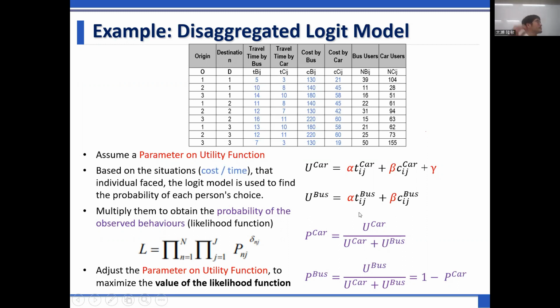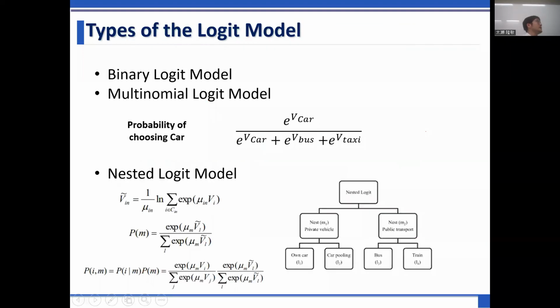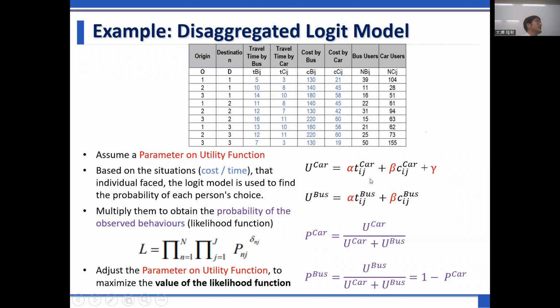Through this methodology, the utility function is visualized and obtained, the utility function of each mode is estimated, and the probability of the private car and the probability of public transport are compared through this formula.